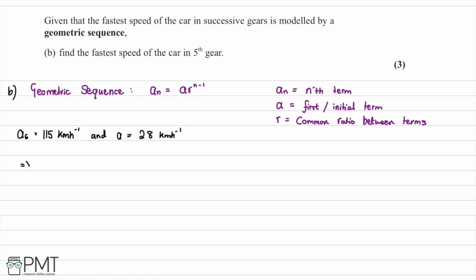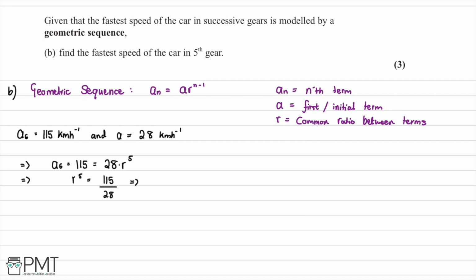So using our geometric sequence formula, we can say that a6, which is equal to 115, is going to be equal to 28 multiplied by r to the power of 6 minus 1, which is 5. So therefore, r to the power of 5 is going to be equal to 115 divided by 28.